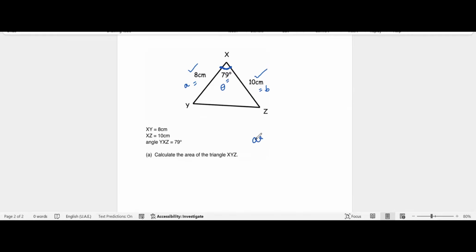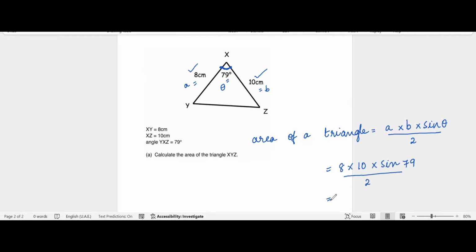So the area of a triangle formula is A times B times sine theta divided by 2. So A is 8, B is 10, times sine theta, which is 79, divided by 2.